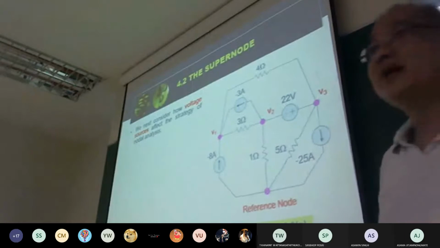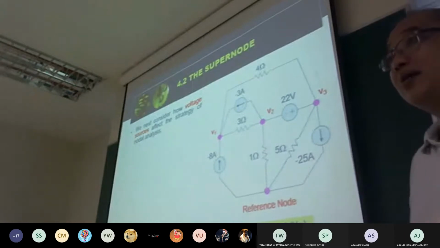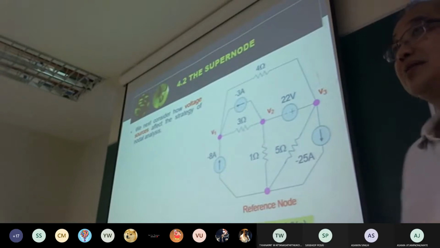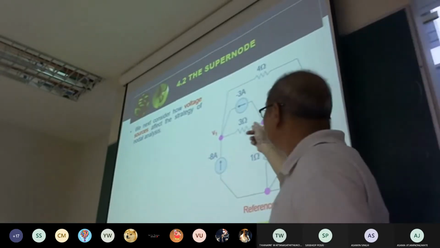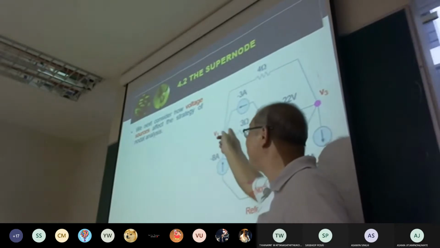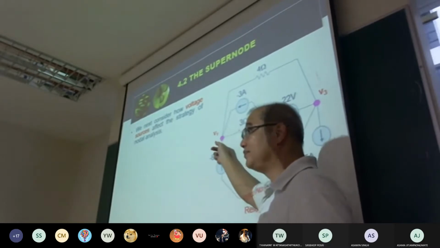Now, why did I tell you that? The nodal analysis will be affected by the voltage source. If you would like to apply KCL to this node, it is very easy, right? How many branches are there? 4.